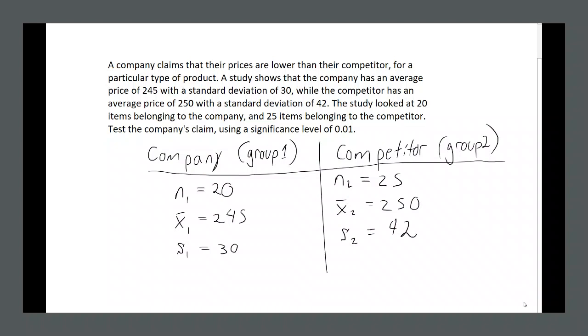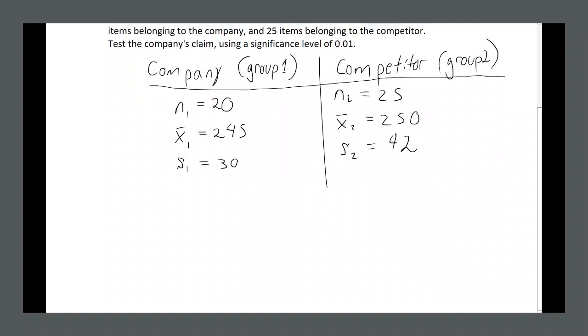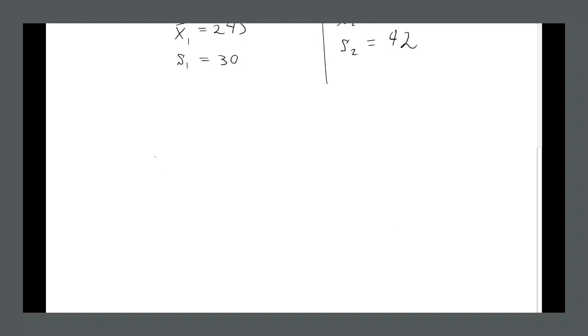Now what the company claims is that their prices are lower. So what they're saying is that the mean value for group 1 is less than the mean value for group 2. And another way we can write that is the mean value for group 1 minus the mean value for group 2 is less than 0.